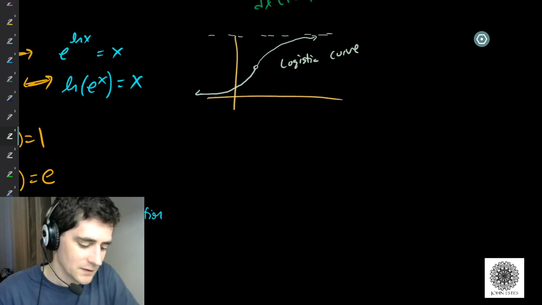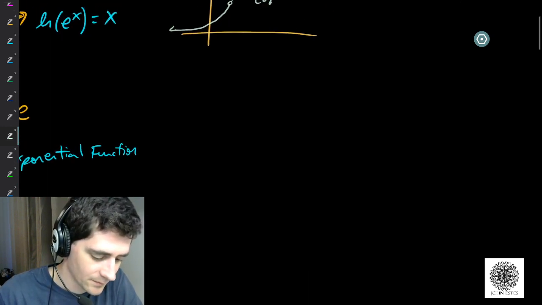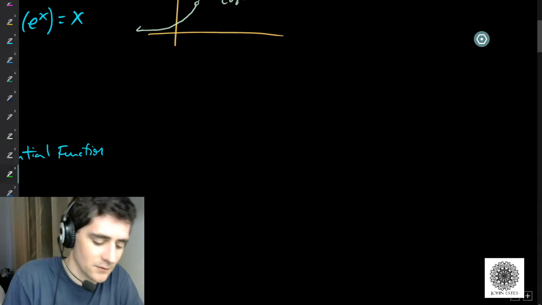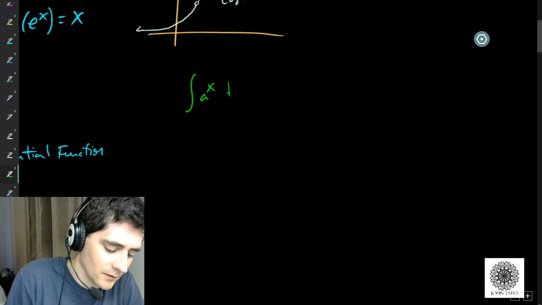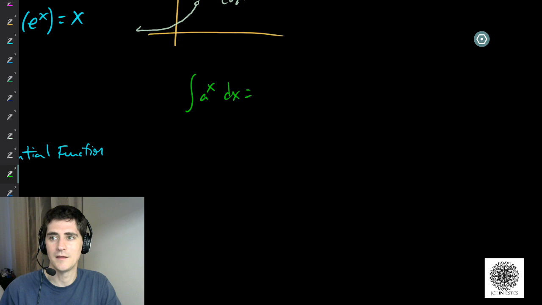So we took the derivative of the general exponential. We need the integral of the general exponential. So if I take the integral of a to the x dx, well, we just said the derivative of a to the x is a to the x times ln a. Ln a is a constant, so they only differ by a constant.